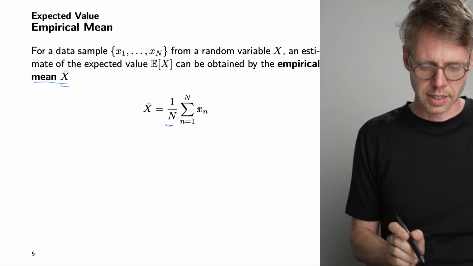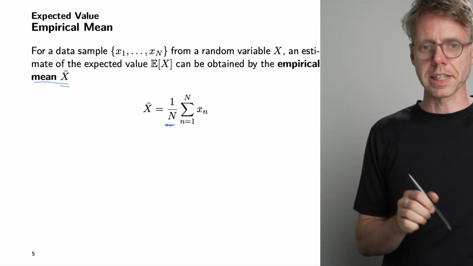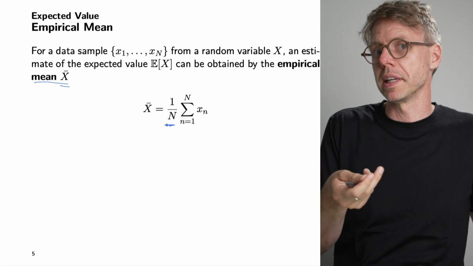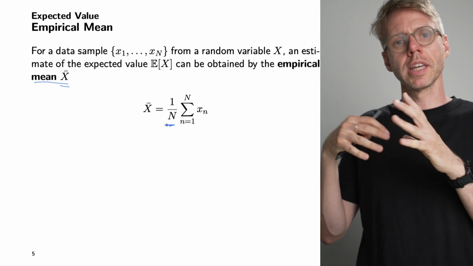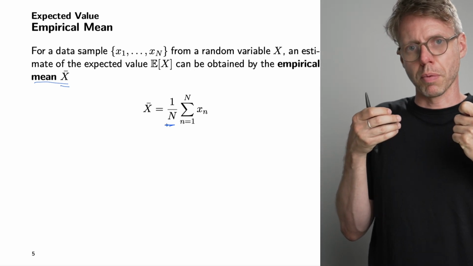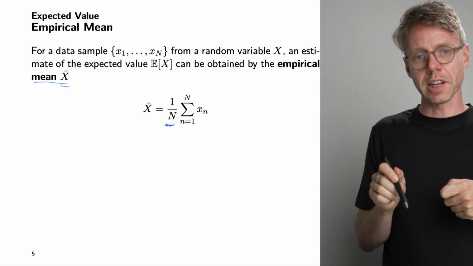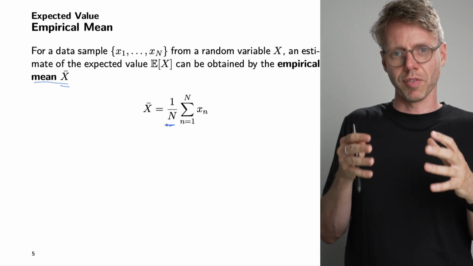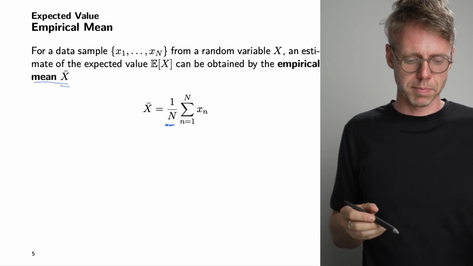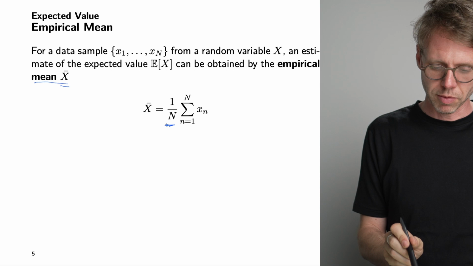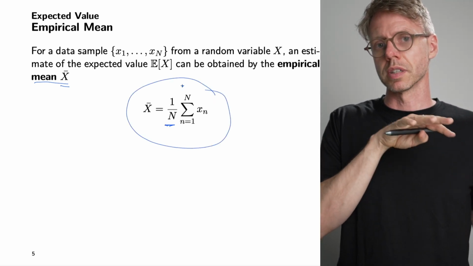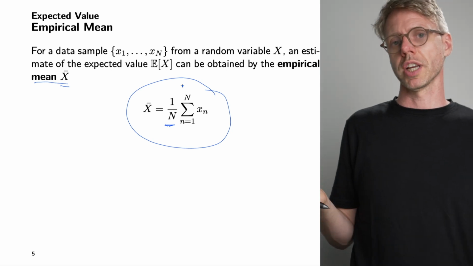Now note that here we are not multiplying each of the xn by the probability of observing it, because we're working here with a sample. The probability of each value is already reflected in the relative frequencies of observing this sample value. So once we have a sample, we can just estimate the expected value of this distribution by averaging.